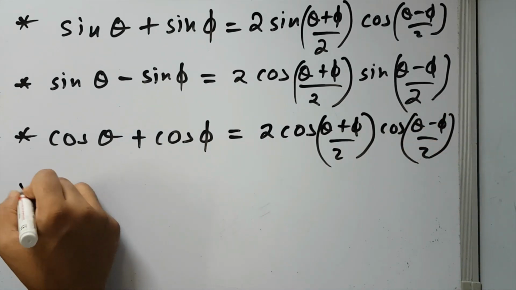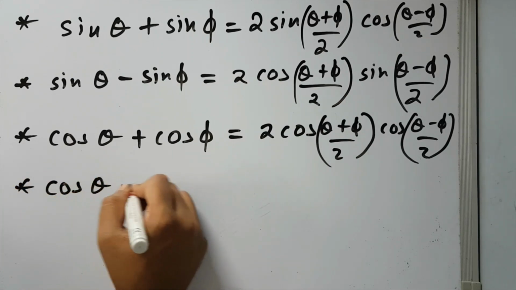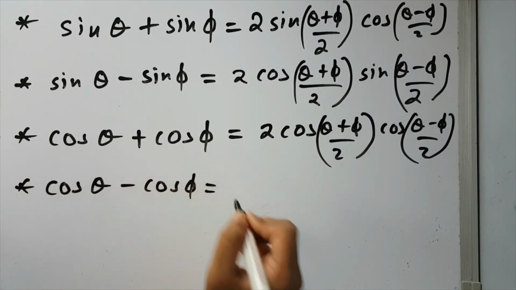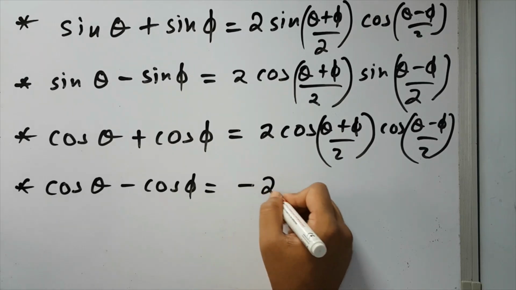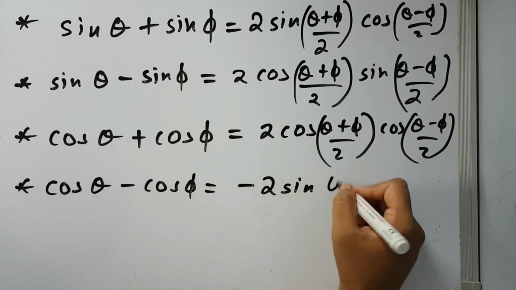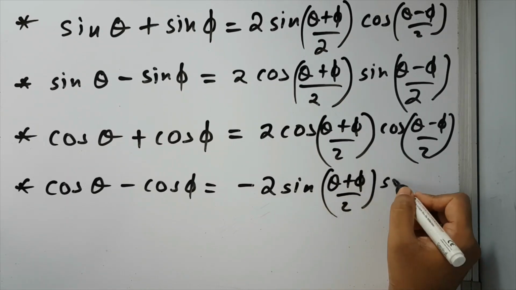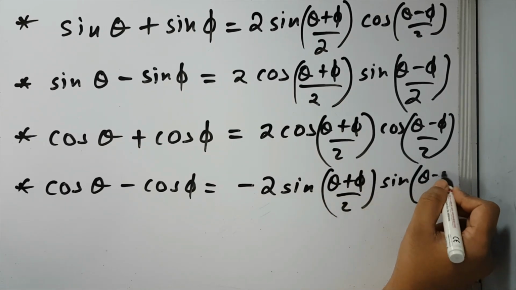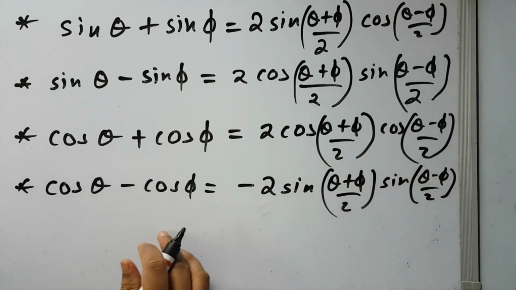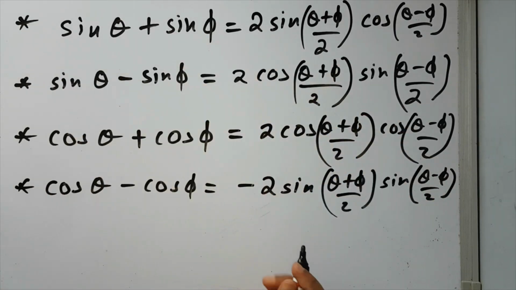Right, then cos theta minus cos phi is minus 2 sine of (theta plus phi) over 2 into sine of (theta minus phi) by 2. Okay, these are again some formulae.